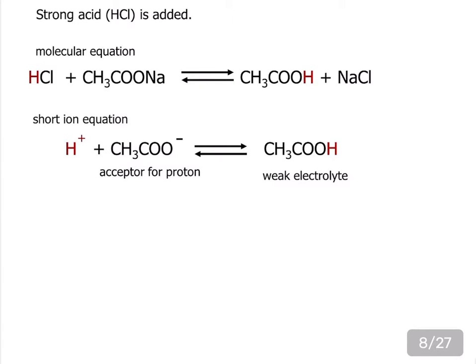The short ionic equation shows the interaction between particles that are represented in solution. So strong inorganic acid is a donor for protons, and sodium acetate from the buffer solution is an acceptor for protons.